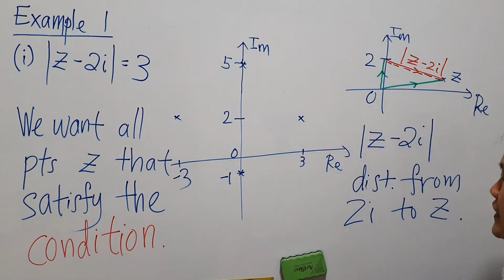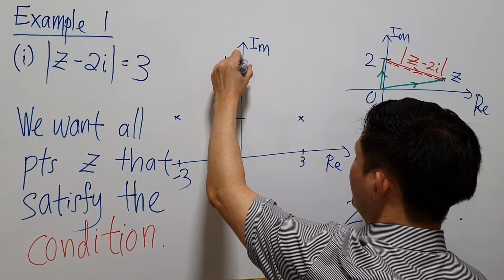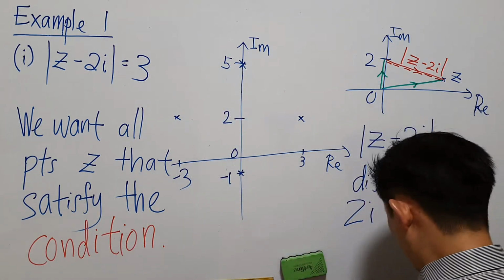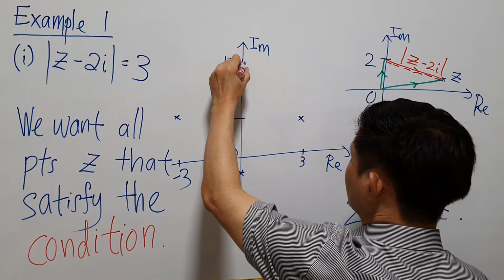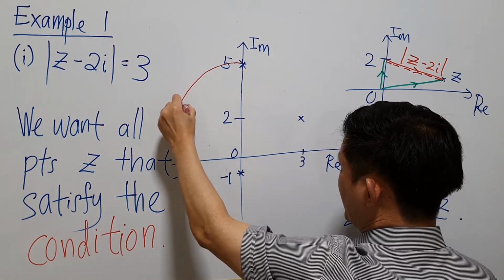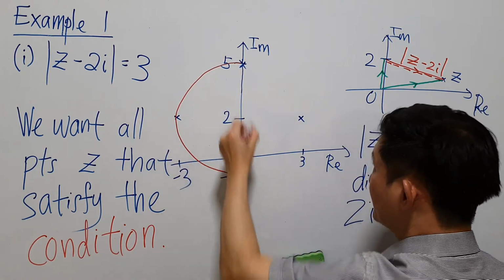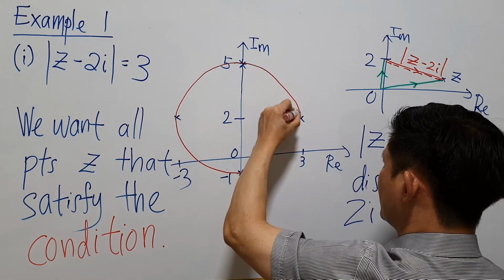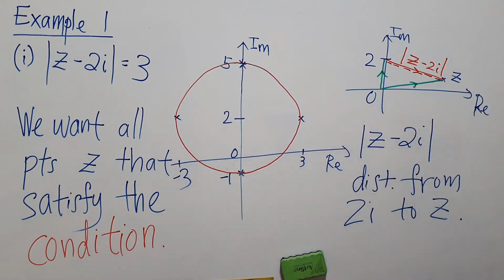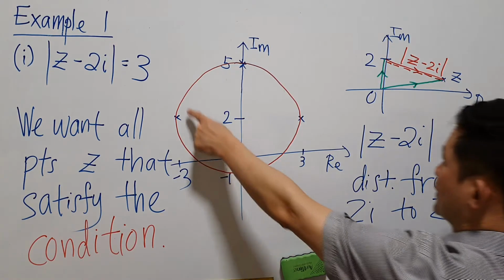Where are these points that will satisfy this condition? There'll be all points on this circle. So you find that all points on this red circle, right?